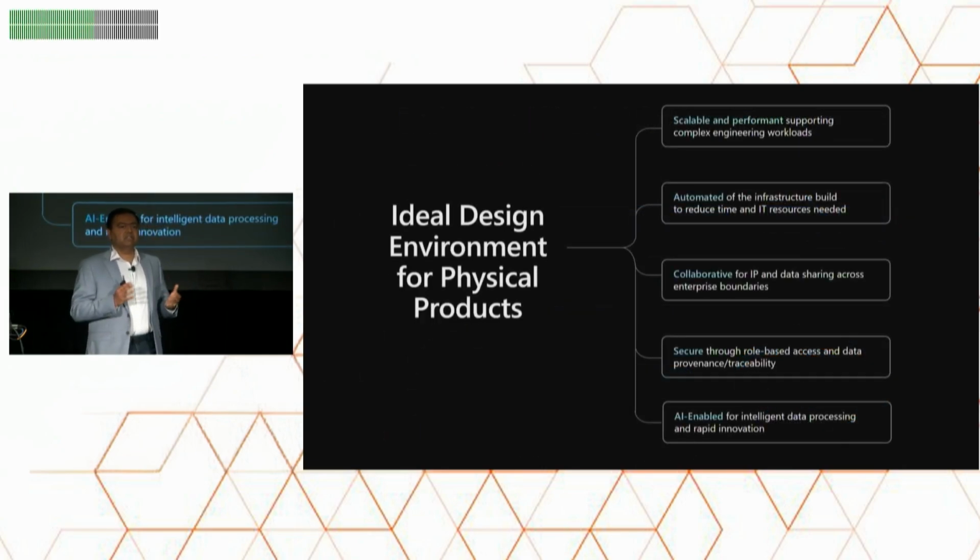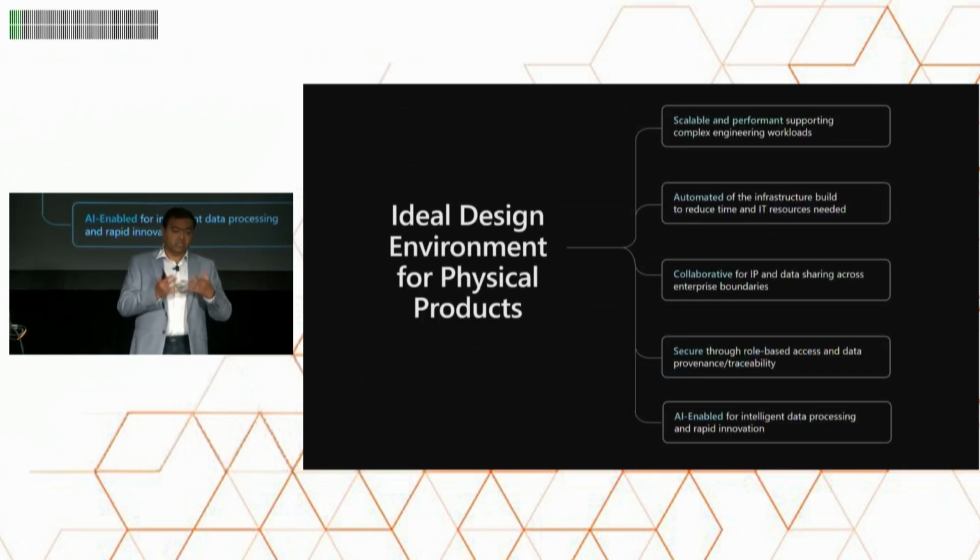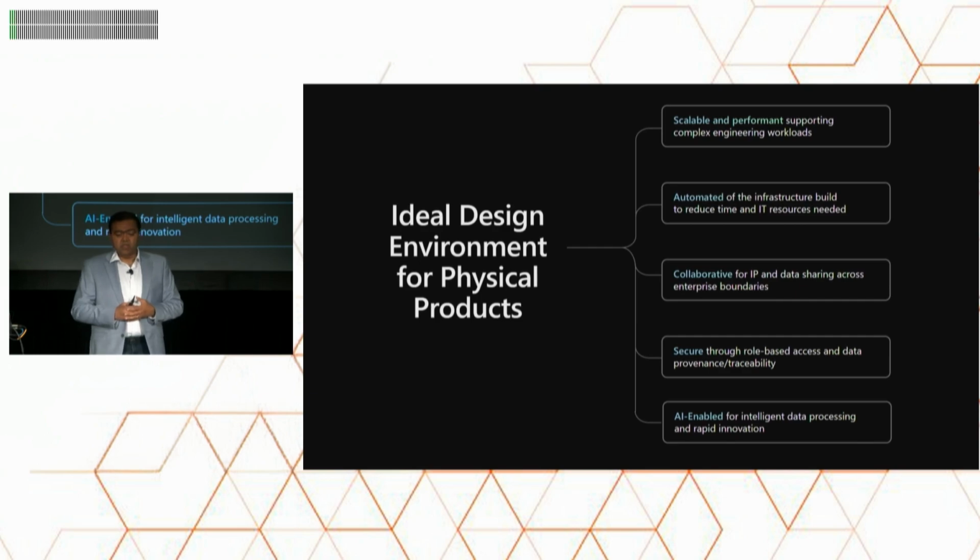Such a system, or such a platform, or such an environment is not only going to be able to solve our challenges today, but also set us up for advancements coming in the future. So there are 5 foundational principles that we believe are necessary for any environment like this.